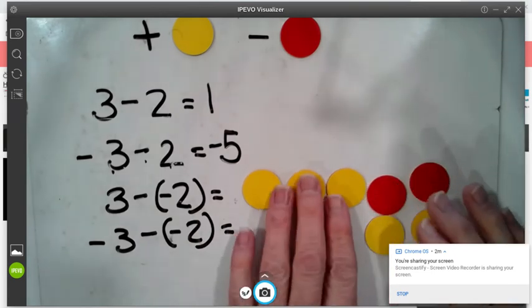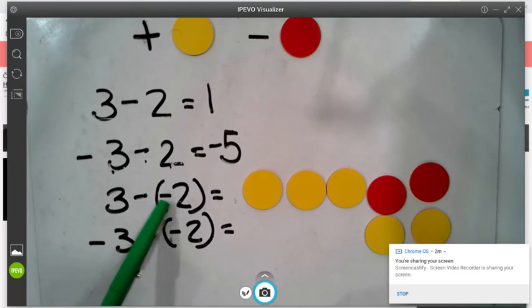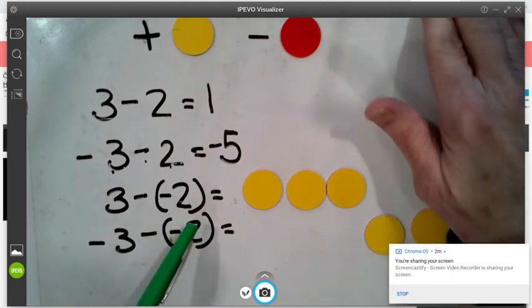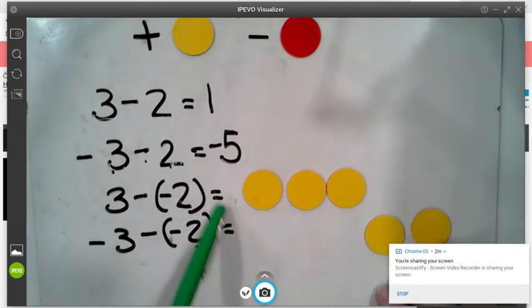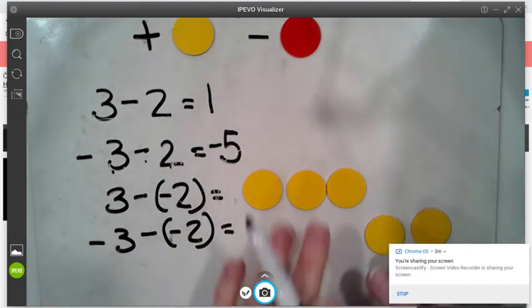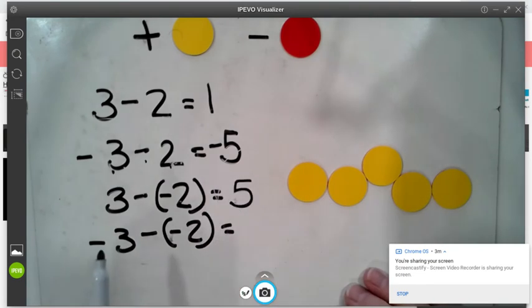This still says 3 positives. Now I'm going to take away 2 negatives. Take those away. What I'm left with here is a positive 5. And I would just write that as 5. Positive 5.